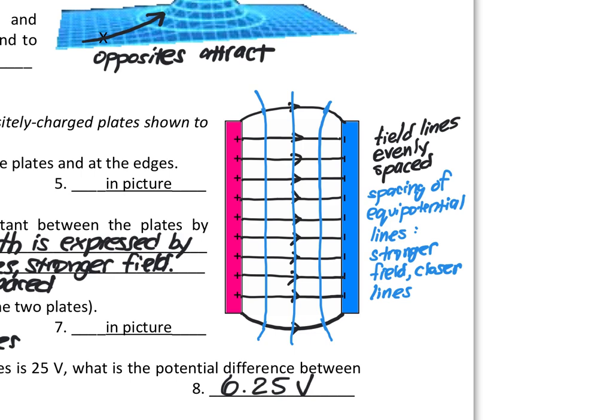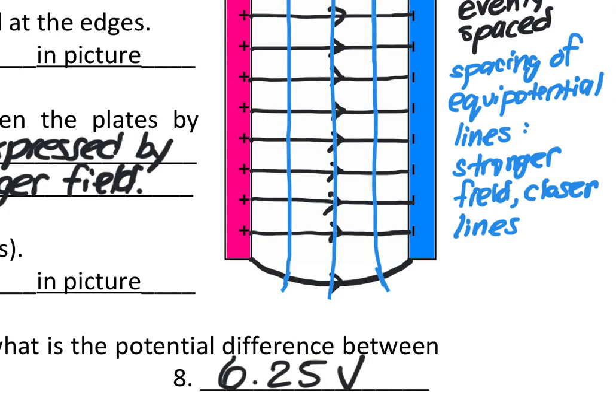And then the values, I also erased the values, so let me put those values back. I'm not really sure why they didn't use a number that was evenly divisible, but they said a potential difference from plate to plate of 25 volts, meaning that this negative side will be at 0 volts, so that the difference between them is 25 volts.